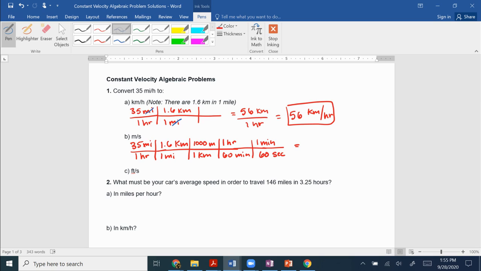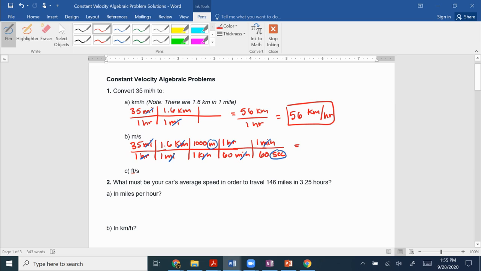So double checking that my units are working out here. The miles cancel, kilometers cancel, so that leaves me with meters. Hours cancel, the minutes cancel, and that leaves me with seconds on the bottom. So our units are good. Just multiply all across the top.